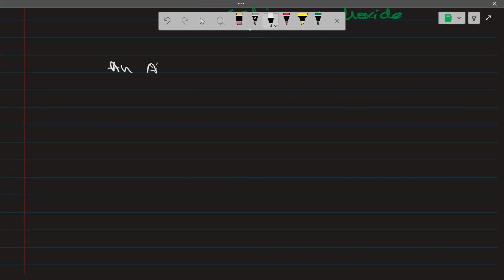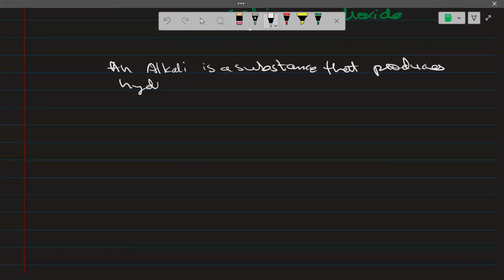An alkali is a substance that produces hydroxide ions, OH negative ions, in aqueous solution. You should note this definition because it is very important and comes in the exams also.